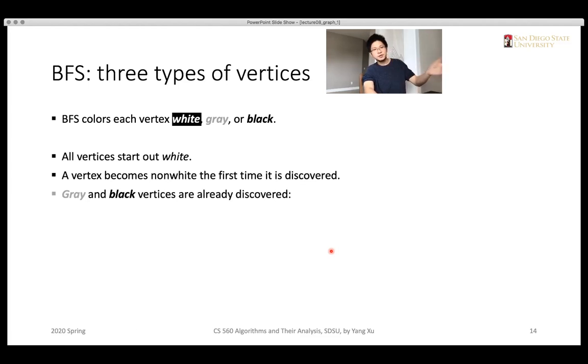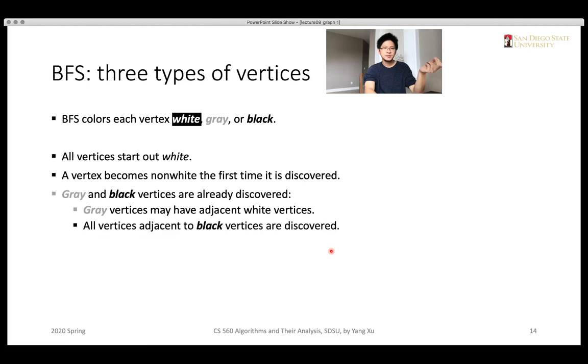So the gray and black vertices are already discovered. The difference between the gray and the black vertices is that the gray ones may have adjacent white vertices, while all the adjacent vertices to black vertices are already discovered.